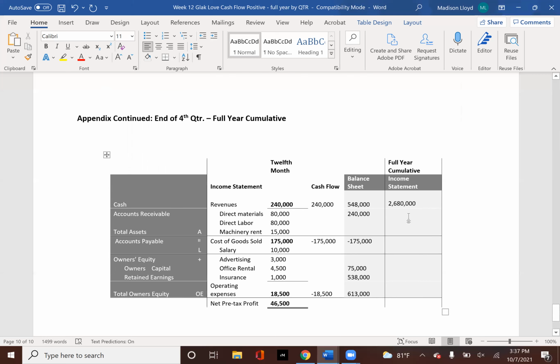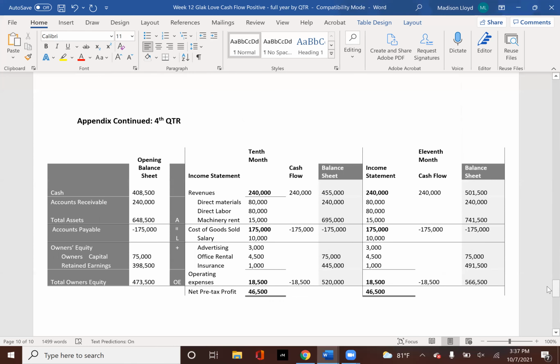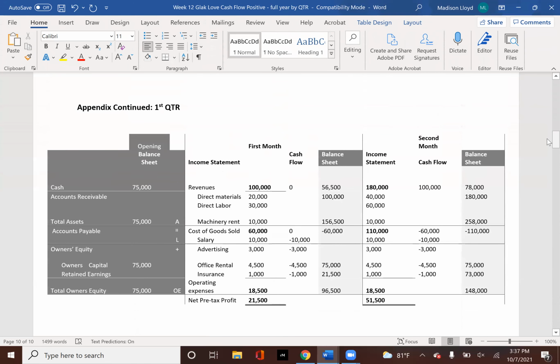Okay. Next, we're going to do our direct materials. Again, we're going to multiply 80,000 times 10 because we have 10 months of the same value. You get 800,000 for those 10 months. Then scroll all the way up to our first month.